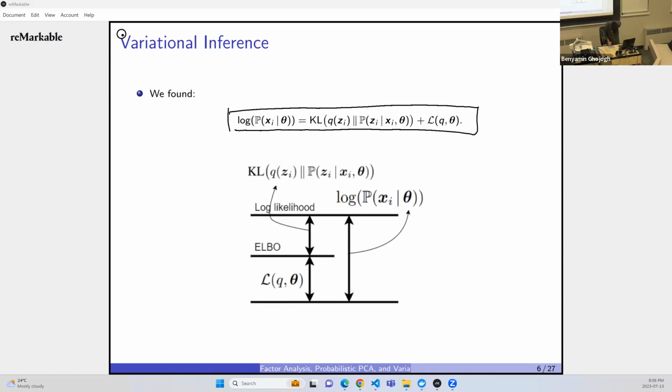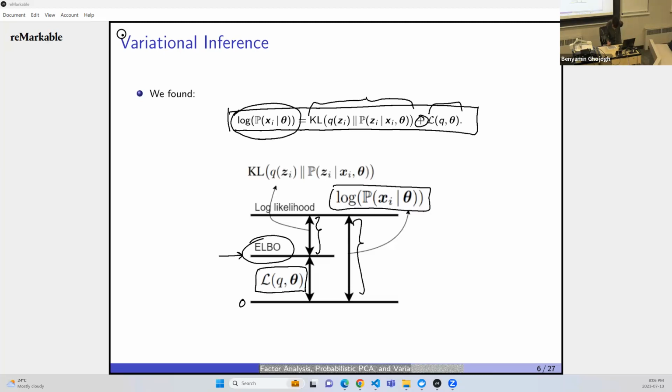It says that assume this line is ELBO, right? And this is 0, so this is the amount of ELBO. Also, this part is the KL divergence. We know that their summation should become this logarithm.